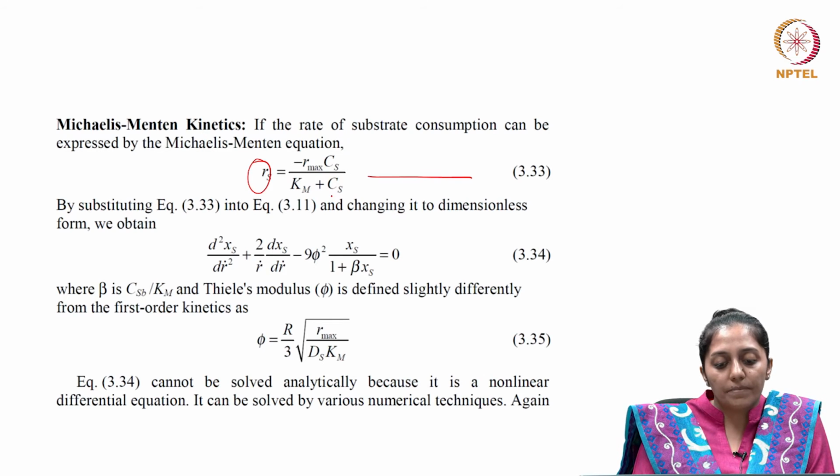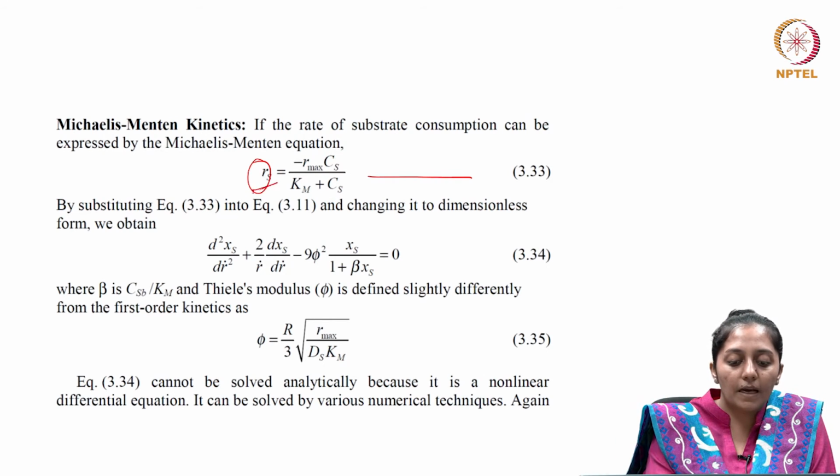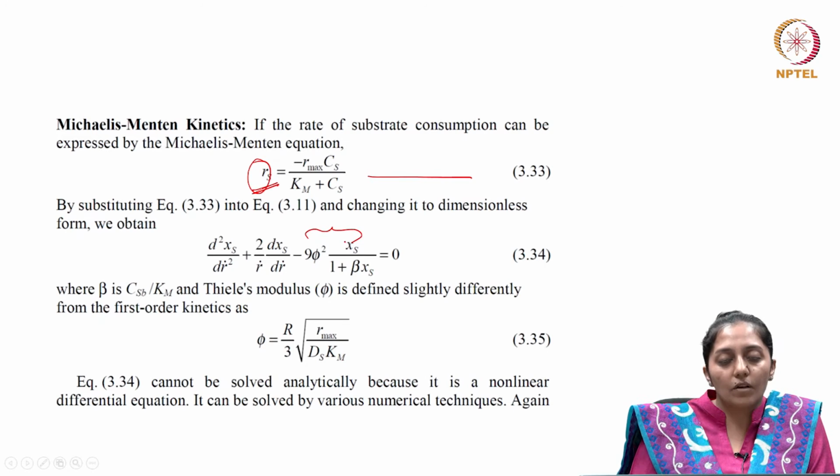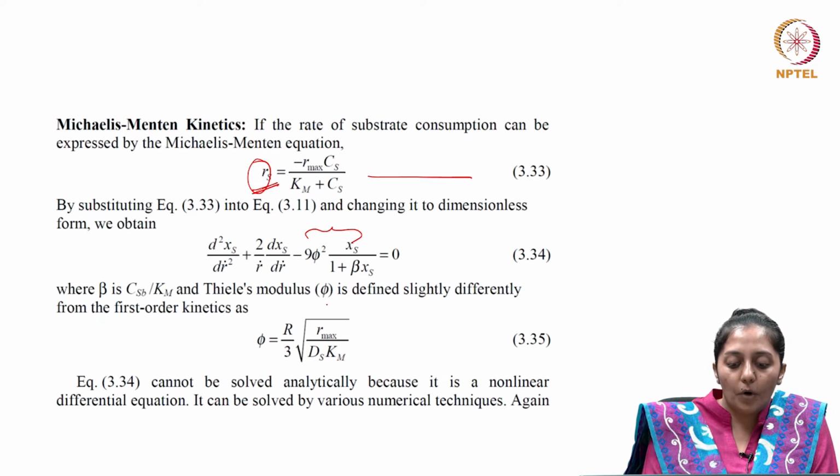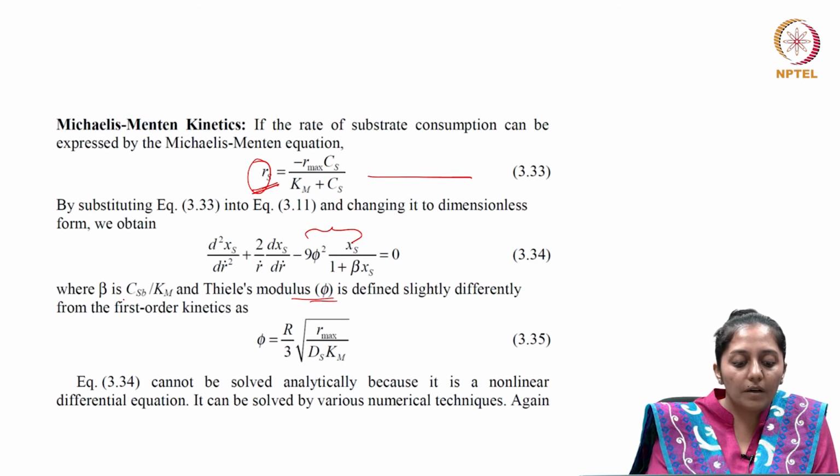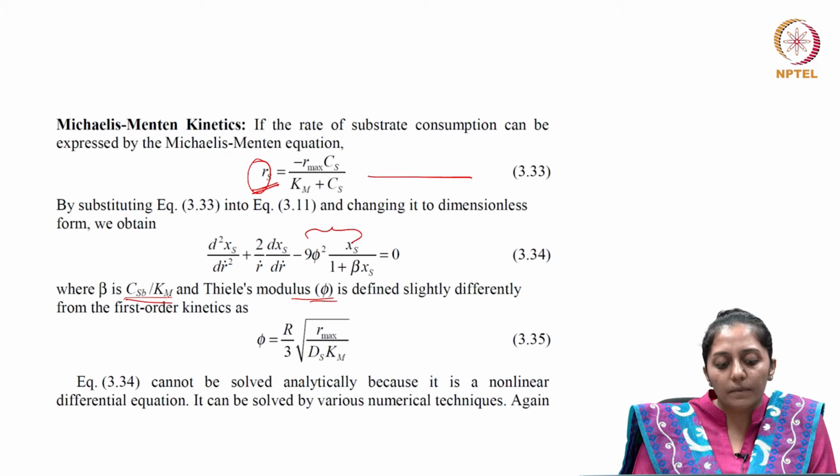So, now substituting in place of the reaction rate here, and also changing the Cs and the R in terms of the dimensionless variables xs and r dot, we have the Thiele modulus and an extra constant called beta, which is defined as Cs_b by Km. Km stands for the Michaelis-Menten constant.